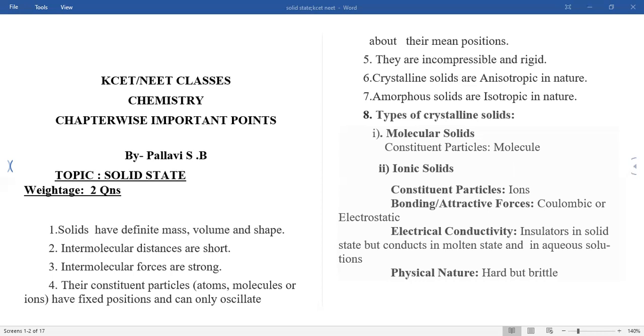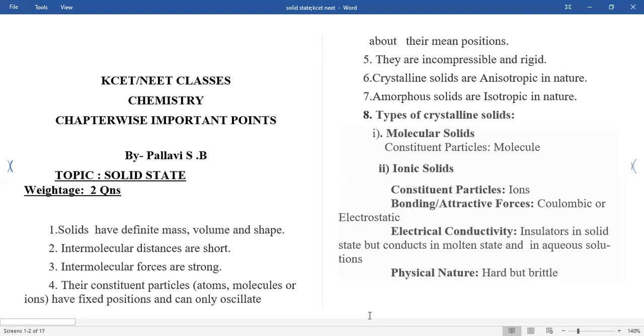When I go in another direction, the value will be y. I'm studying the same property, but we are getting different values. That is called anisotropic in nature.